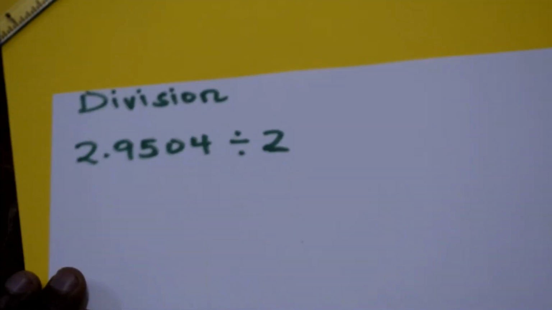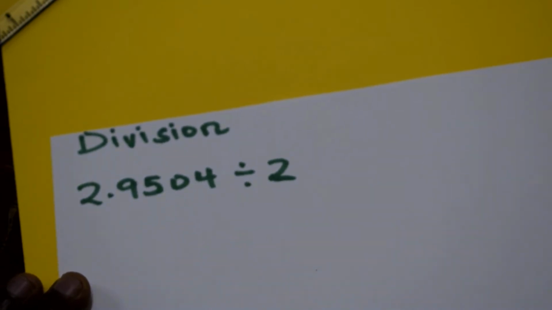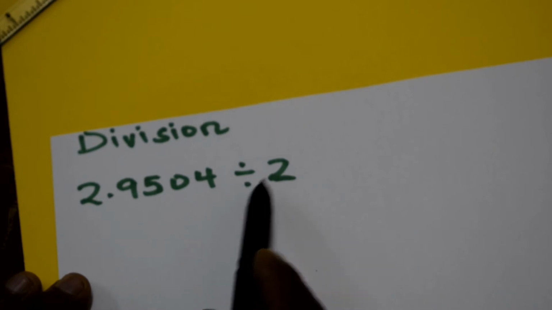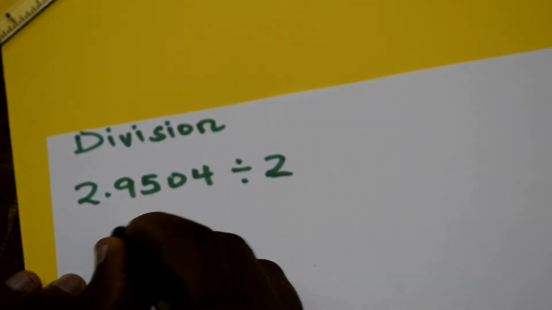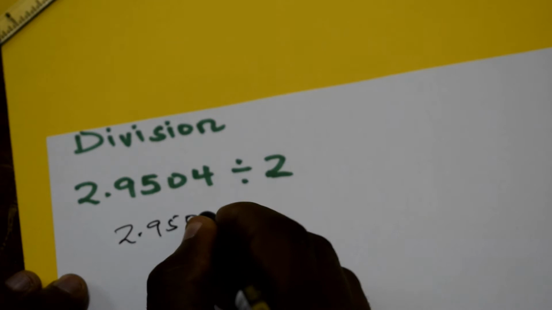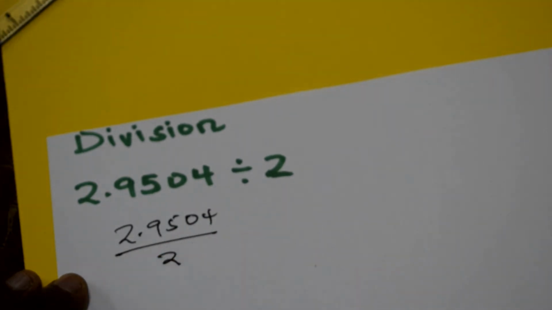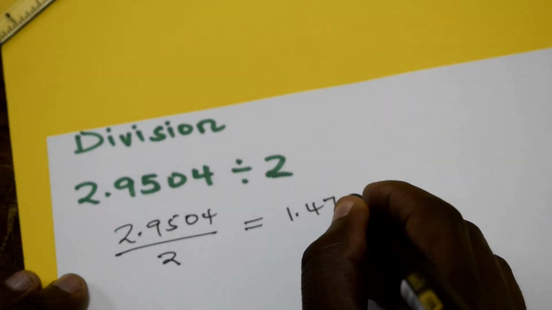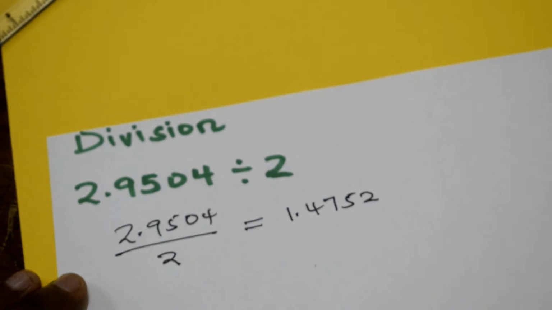So we can also divide logs, and while dividing logs, like the first one, we have 2.9504 divided by 2. So this one we can directly divide 2.9504 by 2. Here you can even use your calculator, and this is going to give us 1.4752.